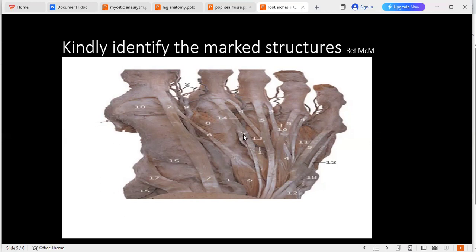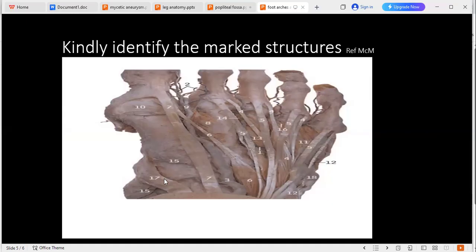Identify number 5, please. It's extensor digitorum longus. If you can identify number 12 over here. It is extensor digiti minimi. Peroneus tertius, insertion of peroneus tertius.